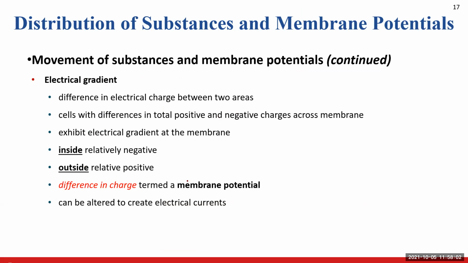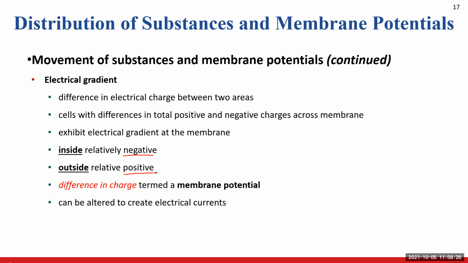So what we'll do is add all those up and take the difference, and that will give us that charge across the plasma membrane. What we're going to see is normally inside the cell is going to be negative, and outside the cell is going to be positive.